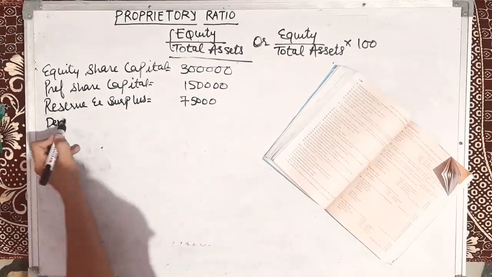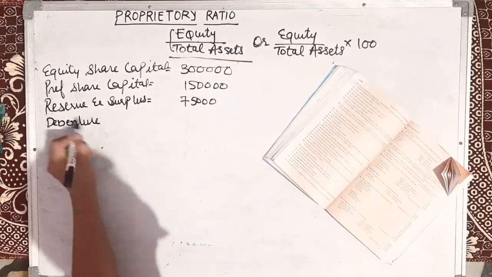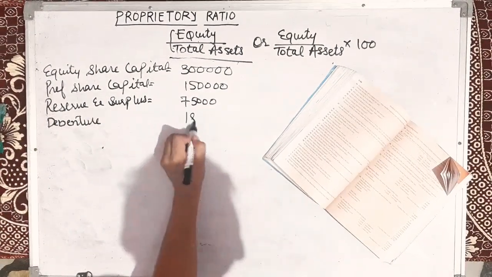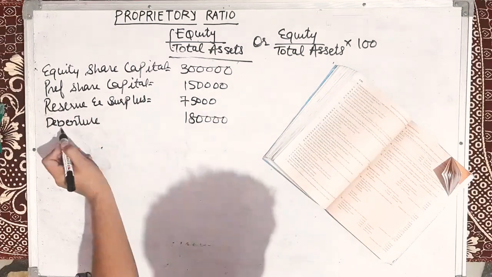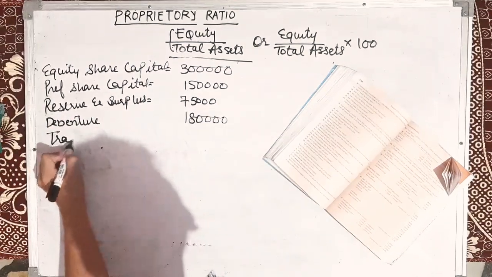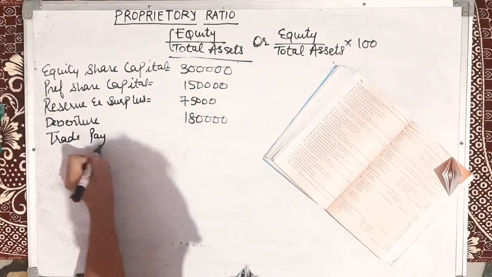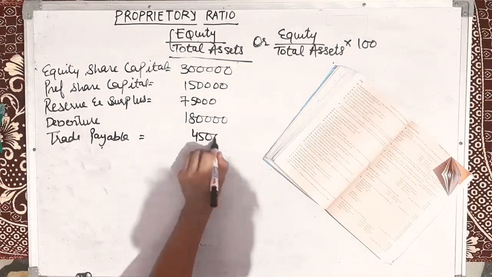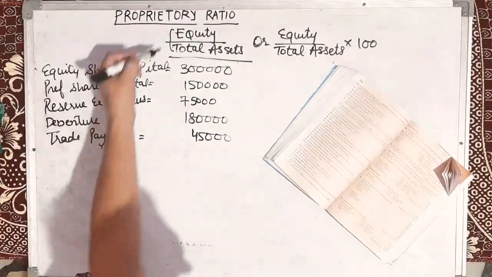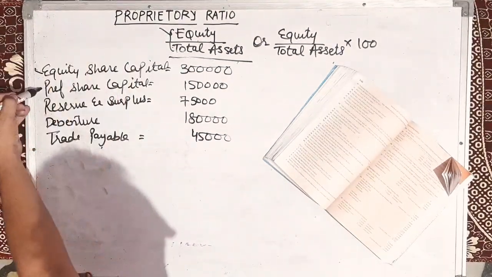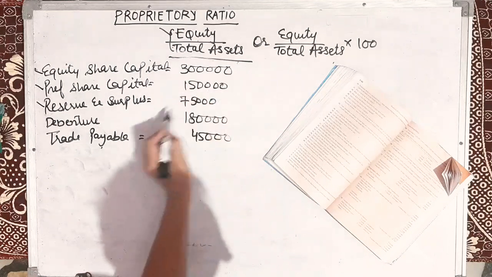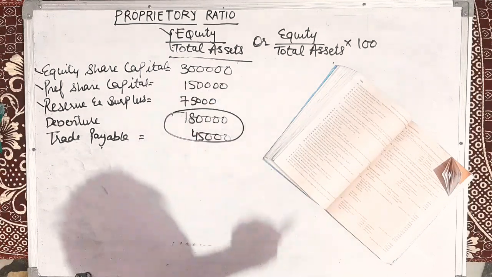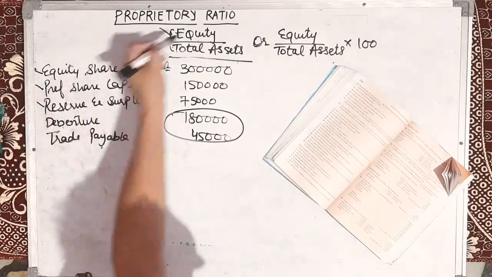Debenture is equal to 1,80,000. And the last one is trade payable, that is equal to 45,000. As I told earlier, equity is equal to equity share capital, preference share capital, reserve and surplus. So we will ignore these two figures because they are not part of equity.